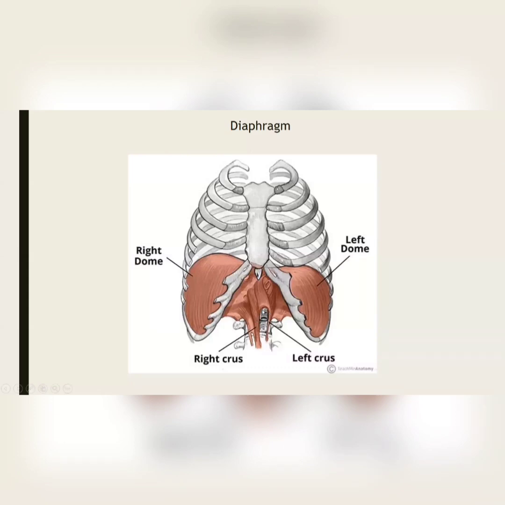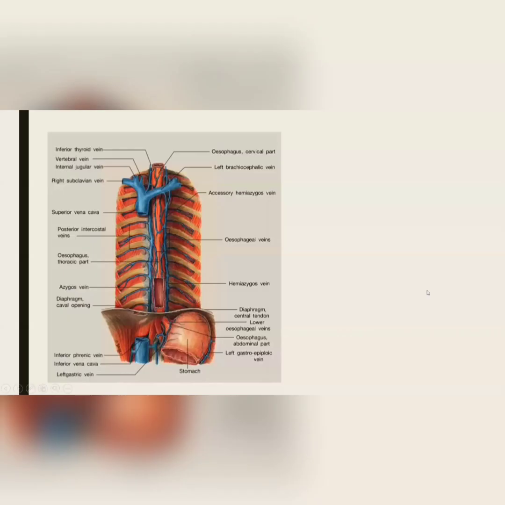I am just giving you an overview of the diaphragm so that you can understand how the azygos vein enters the thoracic cavity from the abdominal cavity. So the azygos vein passes through the aortic opening of diaphragm and then enters into the thoracic cavity.